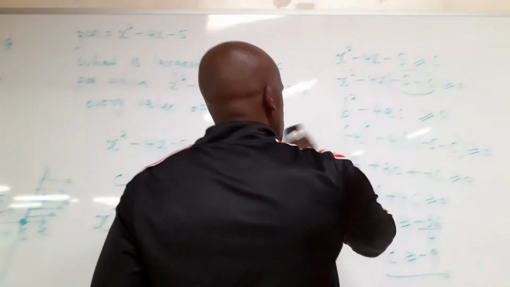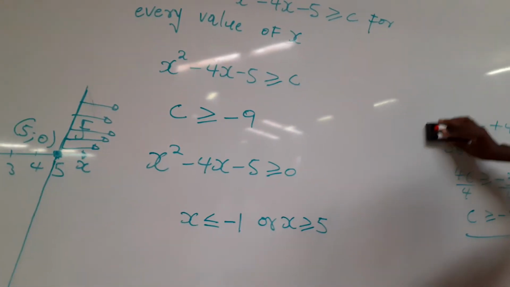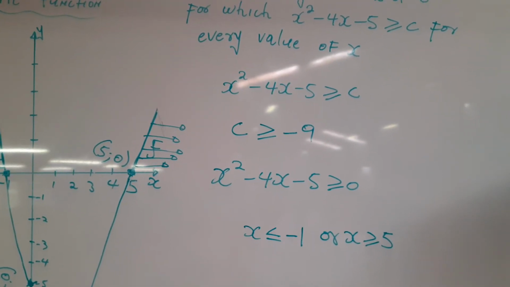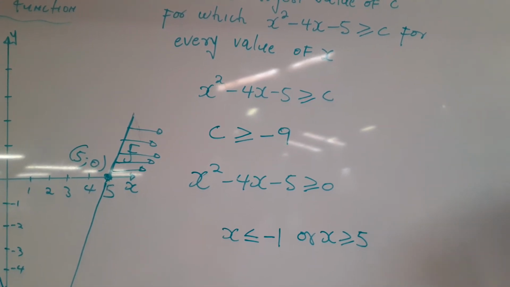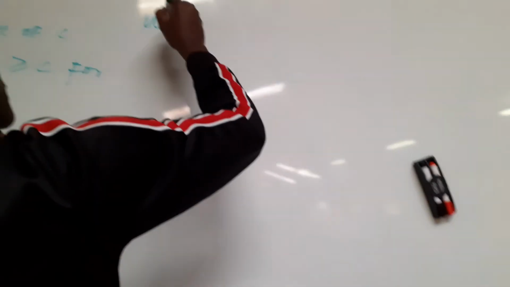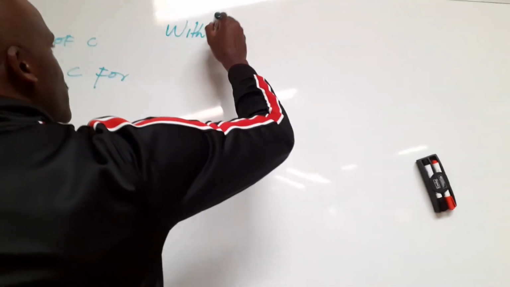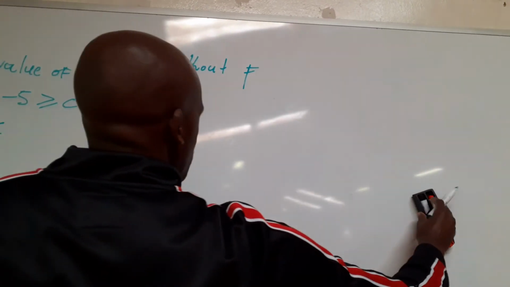Right, let's continue. Without any further calculations, sketch the graph of g of x equals negative x squared plus 4x plus 5. Right, the next question, without any further calculation.